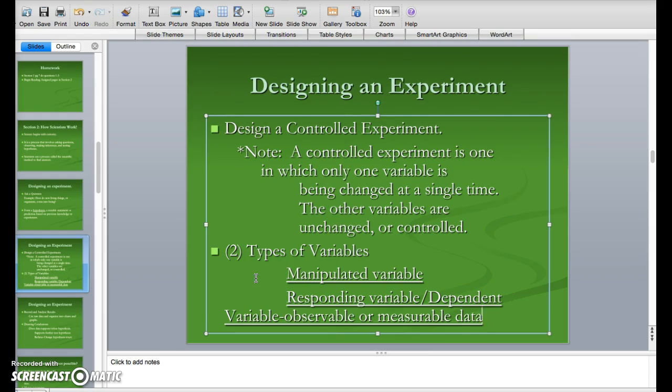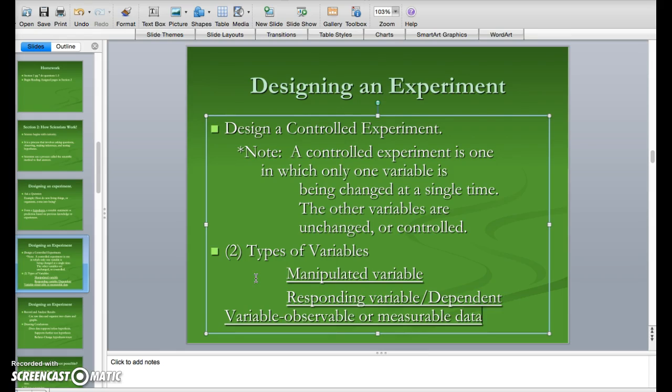And that observable or measurable data is going to change according to the change that you made in the lab. So the responding variable or dependent variable depends on the independent variable, that thing you are changing.